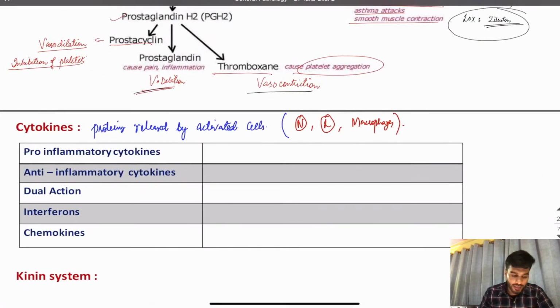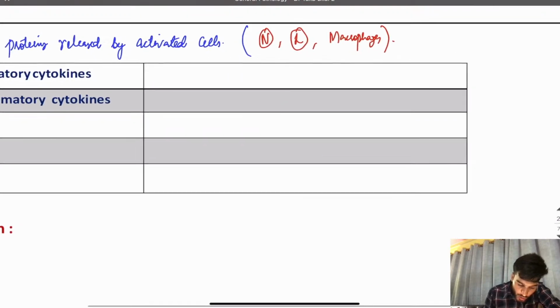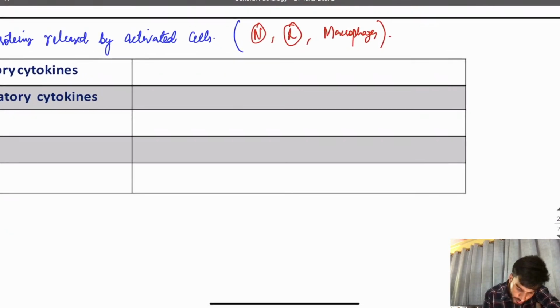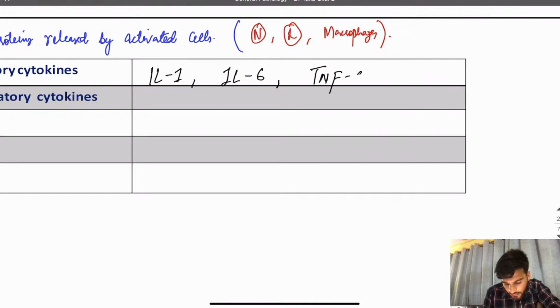What are the pro-inflammatory cytokines? We have interleukin 1. Remember, it's all important. We have interleukin 1, interleukin 6, and TNF alpha. Day before yesterday, when we were talking about the extrinsic pathway, I taught you that tumor necrosis factor is involved, along with Fas ligand.